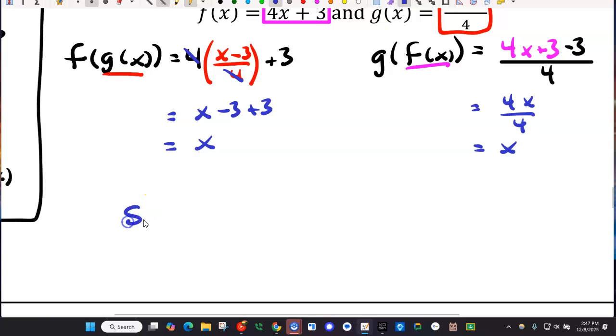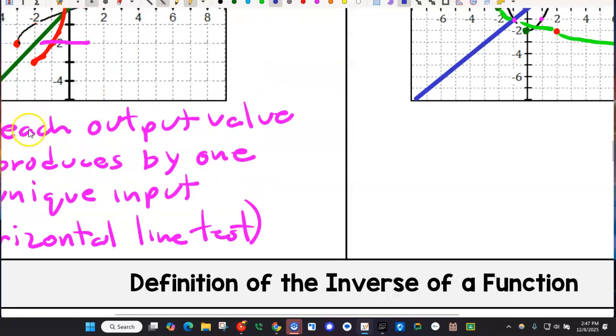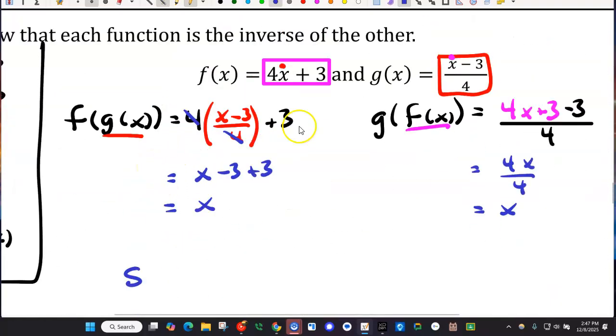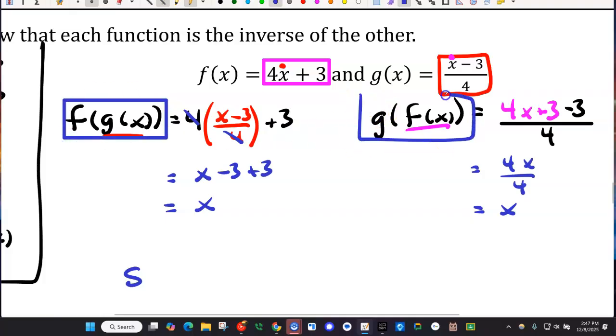So again, like that other quote that we're going to use over and over, each output value produces one unique input value. This is something you need to know how to say. Well, what's the conclusion? Justify your answer. We show that these two are equal to each other. So we say since those two are equal to each other, and you've got to write it out, don't shorten anything, don't leave anything off.